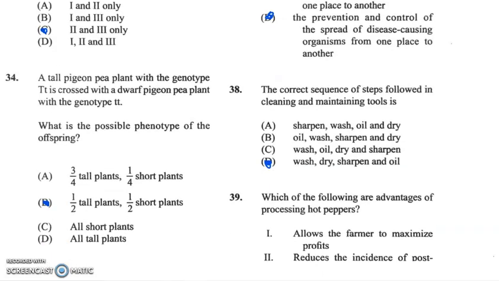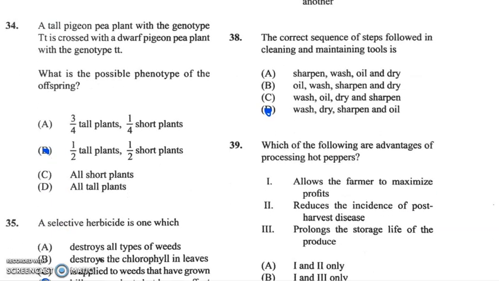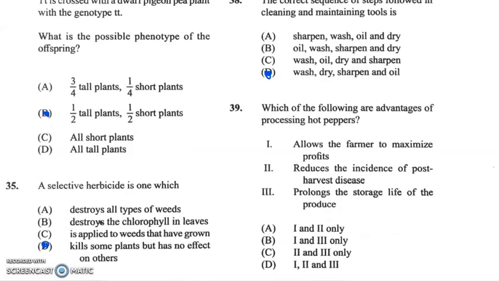Question 39. Which of the following are advantages of processing hot peppers? 1. Allows the farmer to maximize profits. 2. Reduces the incidence of post-harvest disease. 3. Prolongs the storage life of the produce. And if your answer to question 39 is D, all of the above, you are correct.